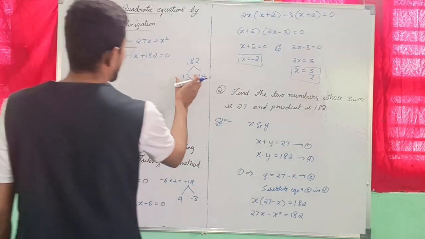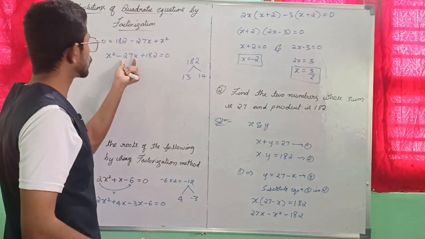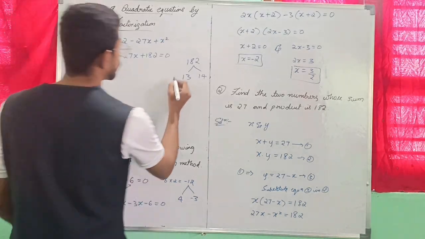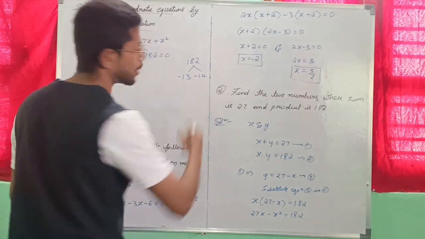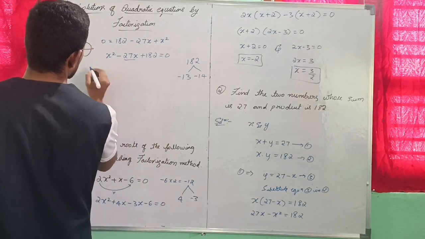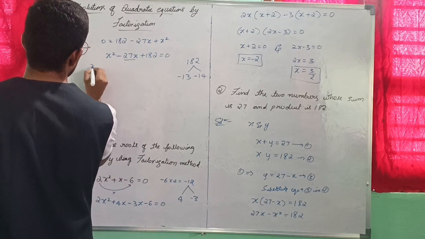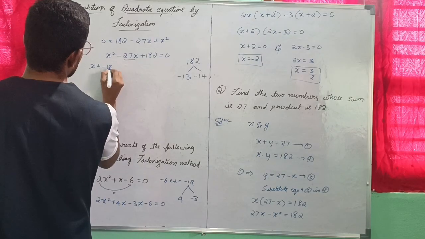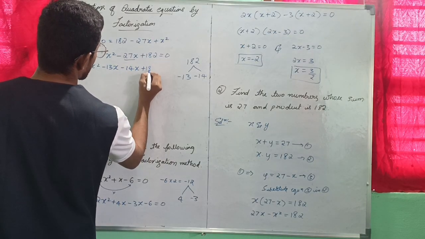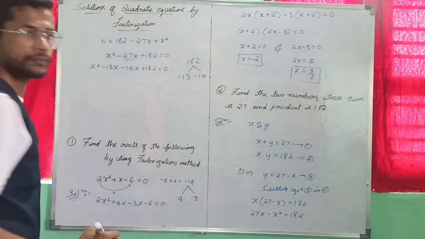By adding these two terms we get 27, right? Here there is a minus, so we have to take minus 13 and minus 14. Now we can split the middle term, minus 27x, so x squared minus 13x minus 14x plus 182 is equal to 0.